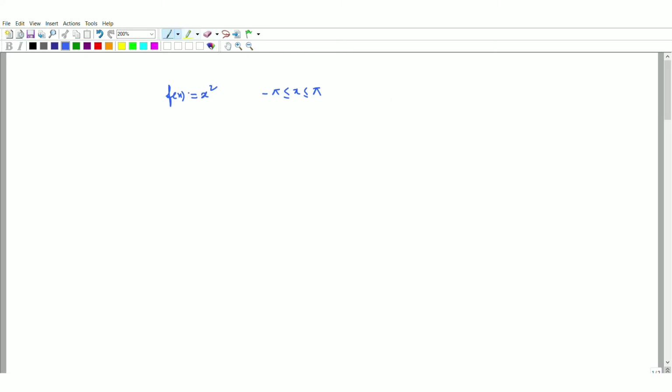First we'll write down the Fourier series for this function.